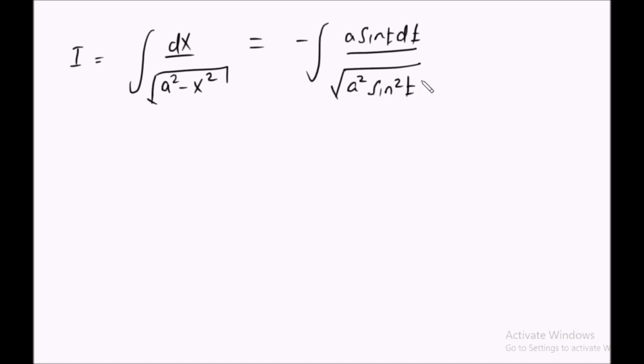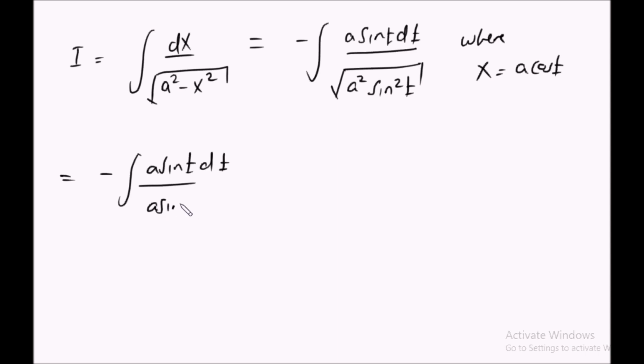Ni sin squared t. So remember to relate x ni nani? Ni a cos t. So square root ya a square ni a, square root ya sin square ni sin. So nakuja kupata itakuwa sawa na negative a sin t dt over a sin t. So this goes. So nakuja kupata hatimaye ni negative dt.